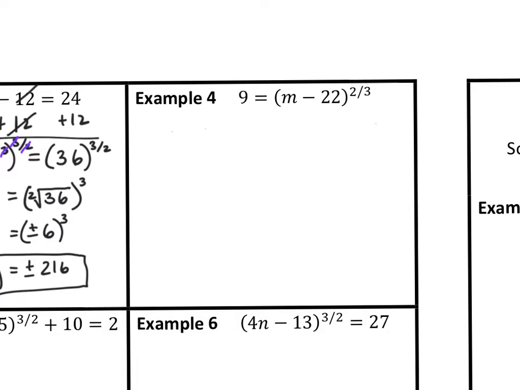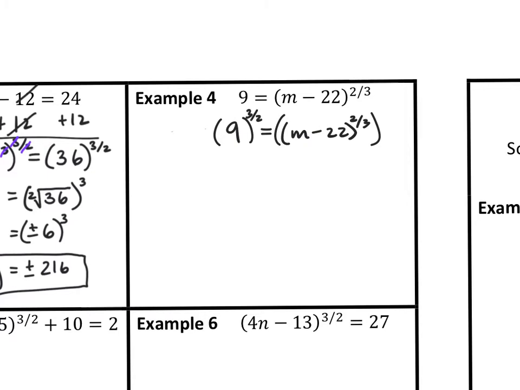And so step 2 says raise both sides to the power of the exponent. But let me do one thing here. Let me just rewrite it again. So I'm just going to copy it just so I can have space. But I'm not going to change anything. I'm just going to rewrite it. And what we're going to do is we're going to say, okay, I'm going to raise both sides to the power of what's 2/3 flipped?